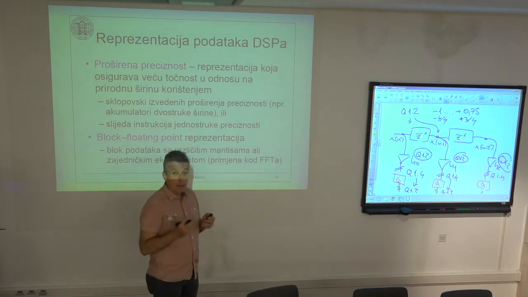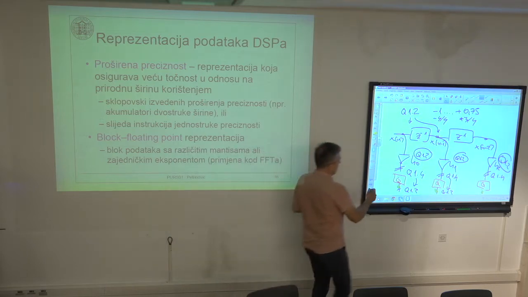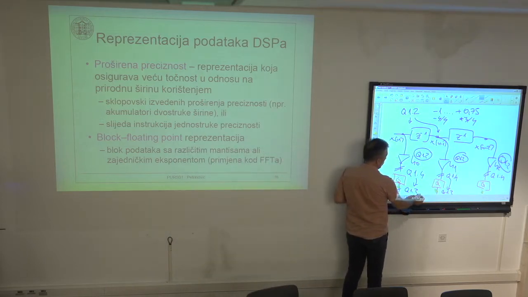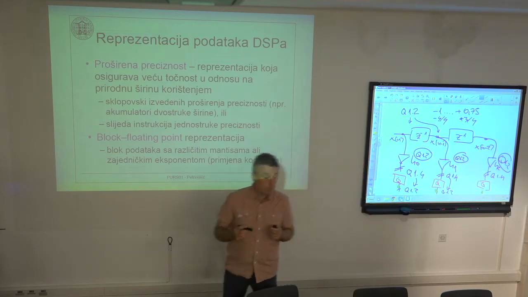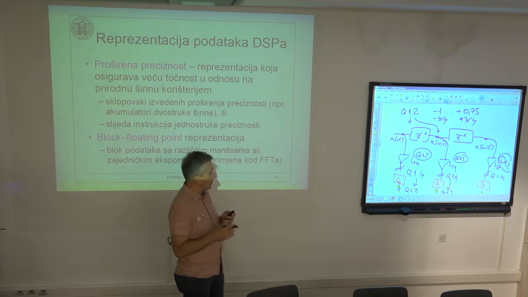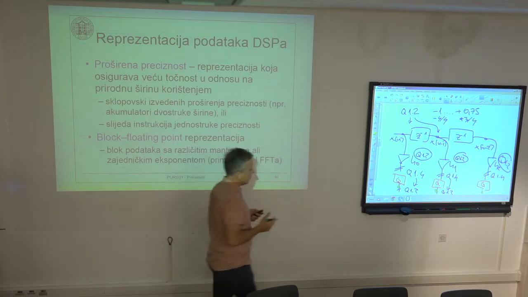This error in the case of rounding is equal, in the worst case, plus minus 1/2 of the least significant bit of the upper word. So this Q1.2, least significant bit of the upper word, plus minus 1/2 of this bit is the actual error of rounding.